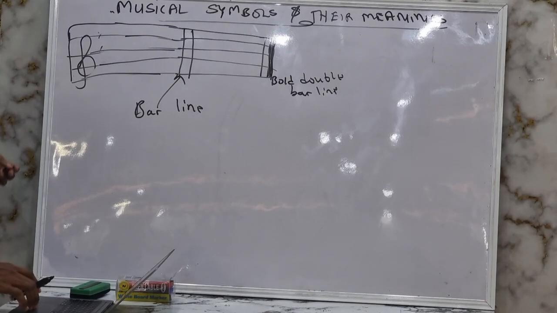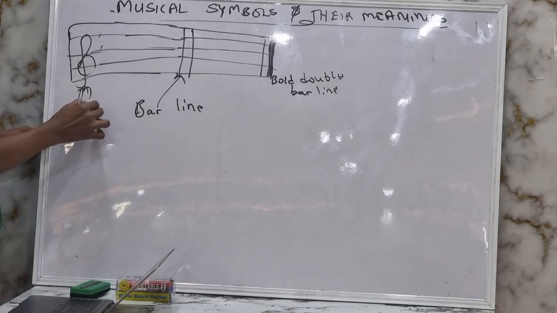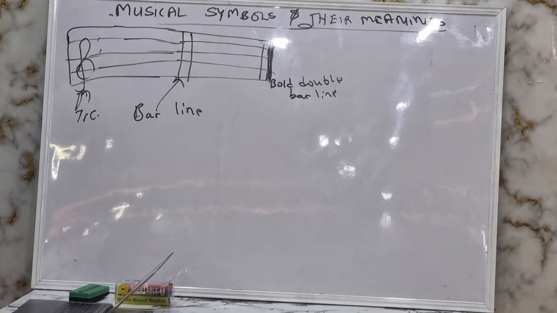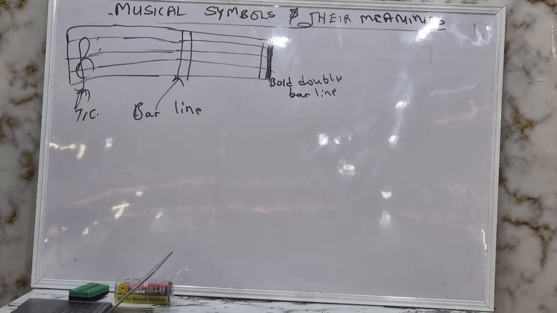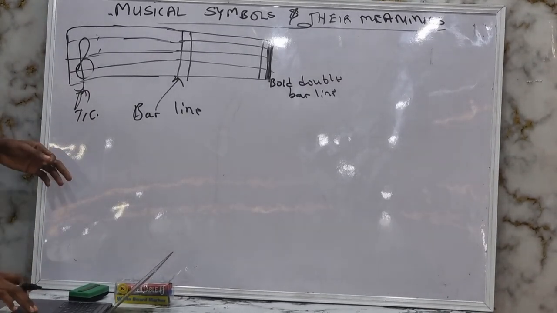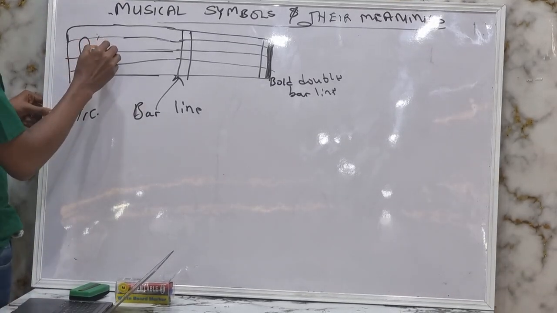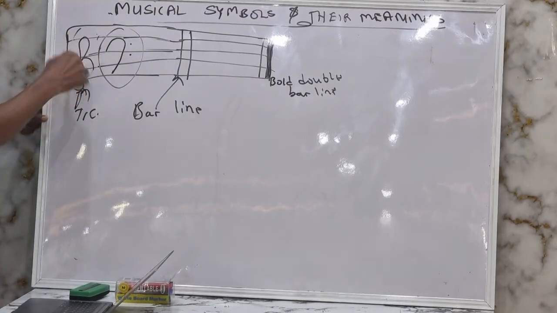Then, you know what the treble clef is. You know this one already. Then, like we said, we also have other forms of clef. We have the alto clef, we have the neutral clef. They are all there, just for your knowledge. But like we said, the two most important ones that you see most times are just these two.